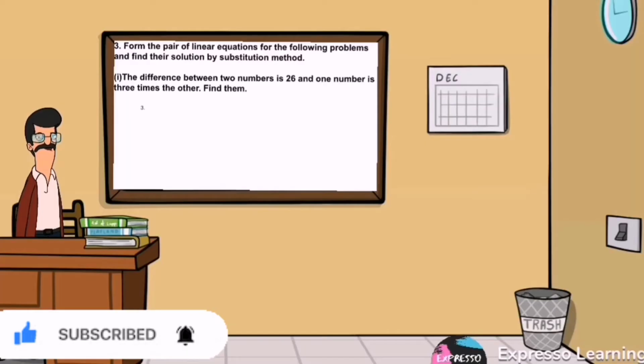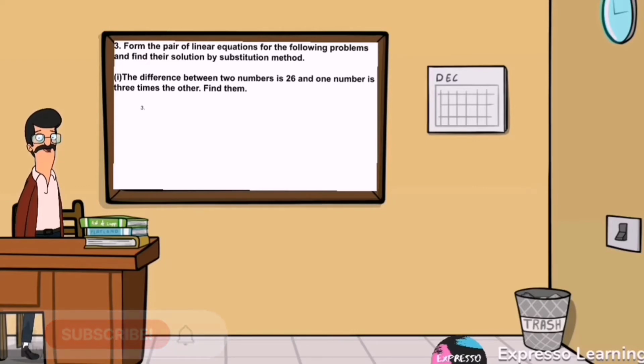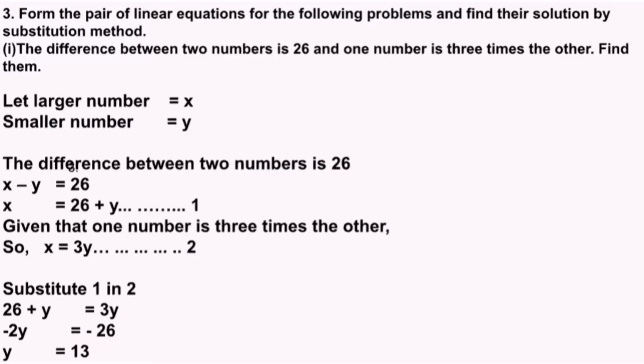In this question, we will take both the numbers as x and y and do the substitution method and find x and y, which will be the two numbers. So, let the larger number be x and the smaller number be y. Then, as per the condition given in the question, we form the equation x minus y is equal to 36, taken as equation 1, and as per the other condition, x is equal to 3y.